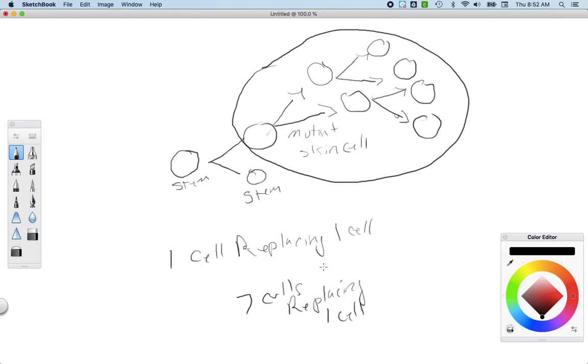And those 7 cells are not normal. They have the ability to divide whenever they want to.